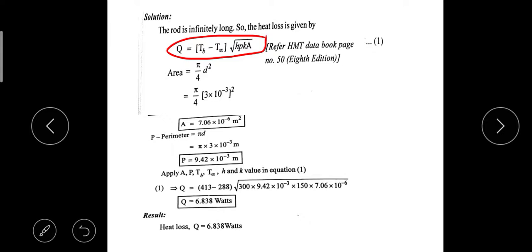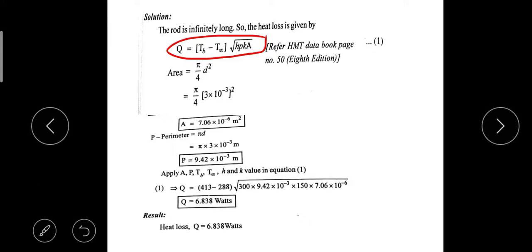Now Q equals (Tb minus T infinity) into root of hPkA. Tb is the base temperature. T infinity is the surrounding temperature. h is the heat transfer coefficient. P is the perimeter. k is the thermal conductivity. And A is the area.